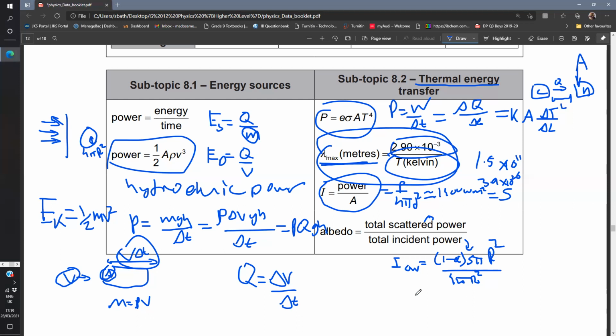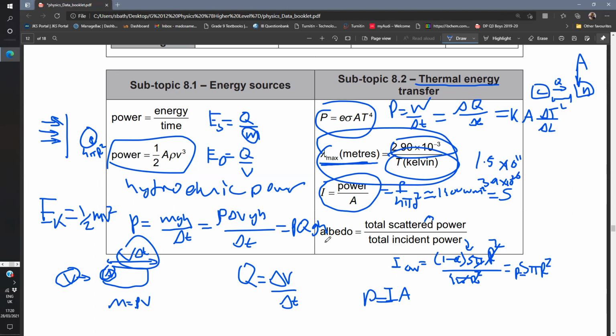And in the end, this is the power that reaches the Earth. So first we calculate this, and then we substitute it in I. And I just explained the albedo.